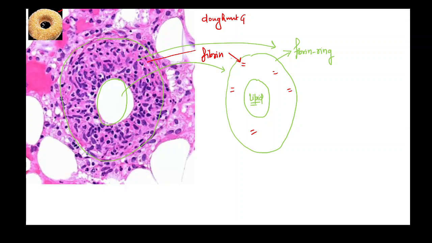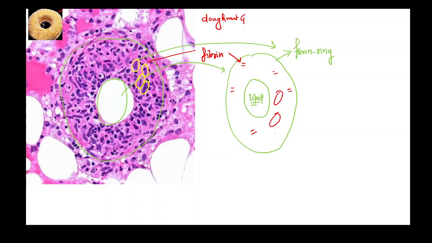And on this fibrin ring, you can see embedding of cells which are elongated. Now you can notice these cells have elongated cell bodies and elongated nuclei, right? The same thing I am going to draw here also.